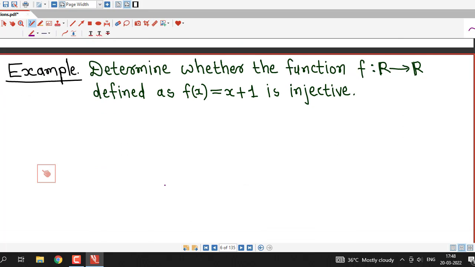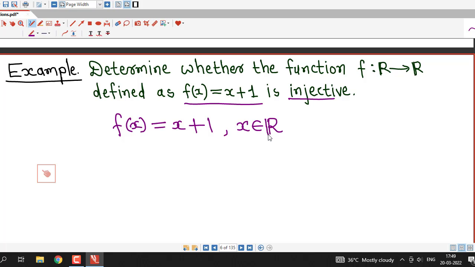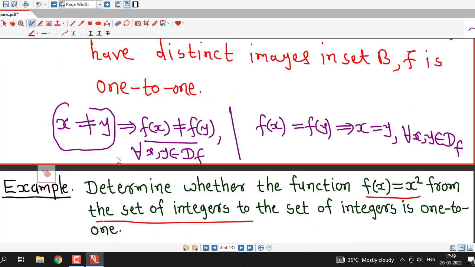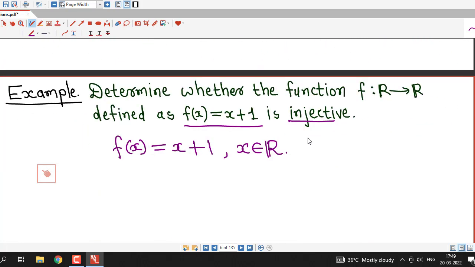Now we consider this example. Determine whether the function f from R to R defined as f(x) equal to x plus 1 is one-to-one or not. Here they have used this word injective. f(x) is equal to x plus 1 and its domain is set of real numbers. So now here we can prove using this one or this one. We have two equivalent conditions. Either we can use this condition or this condition to prove that this function is one-to-one.